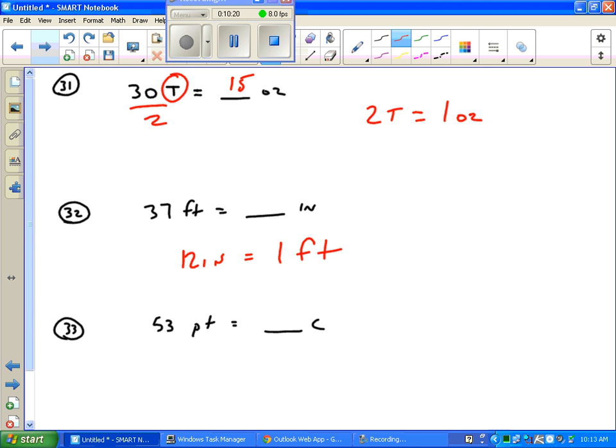So 37 feet times 12 will be 444 inches. 53 pints are how many cups? We know that there are 2 cups in every 1 pint. So 53 times 2 will give you 106 cups.